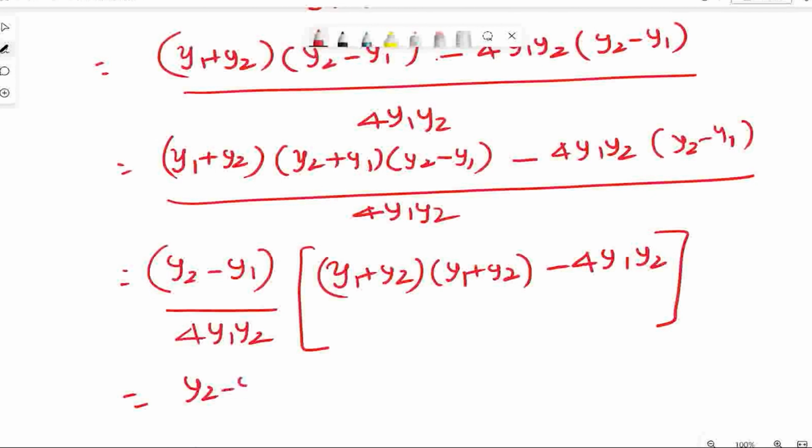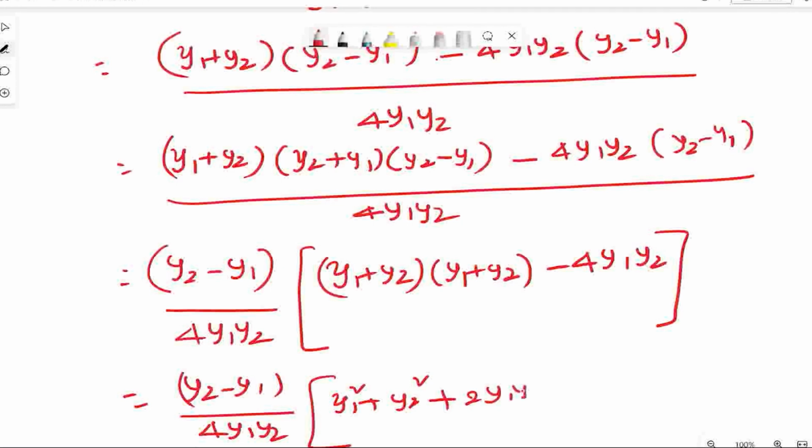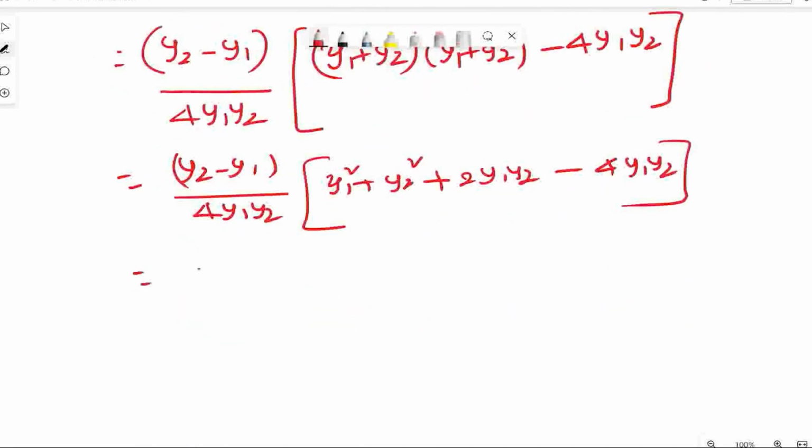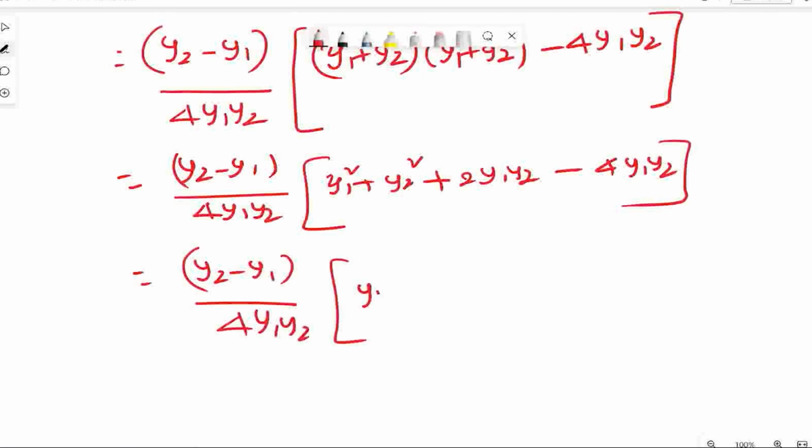So y2 minus y1 by 4 y1 y2 into, y1 plus y2 whole square is y1 square plus y2 square plus 2 y1 y2, minus 4 y1 y2. So it is y2 minus y1 divided by 4 y1 y2 into y1 square plus y2 square minus 2 y1 y2.